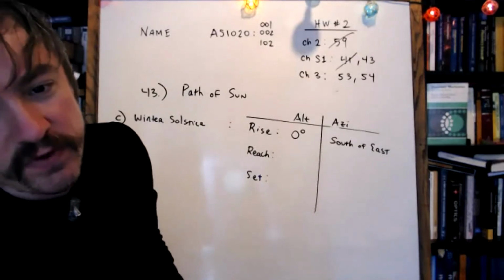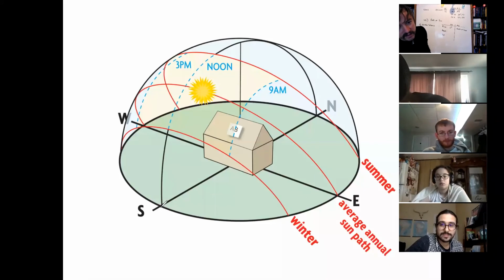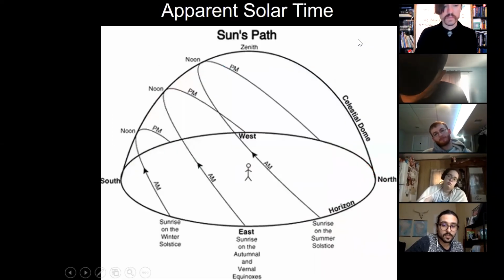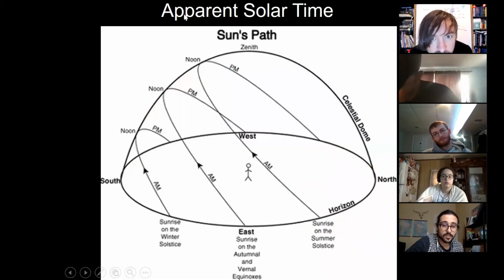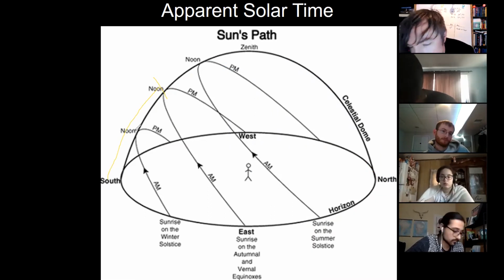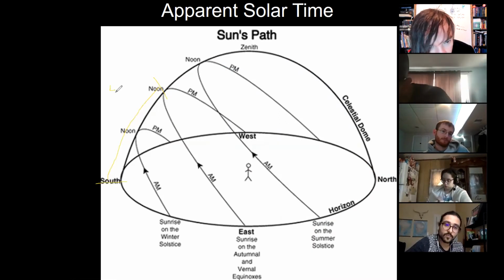I thought it would be really cool if you guys could figure out the altitude of the reach. Do you guys know what this angle is here? Here's a hint. Let's look at it edge on the way we did in our drawings. You are supposed to know the angle from south to the celestial equator. Is that 48 degrees? 48 degrees, correct.